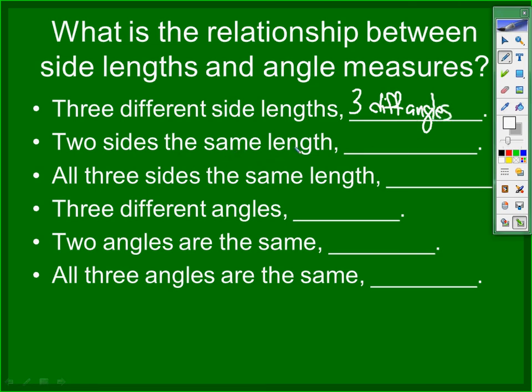If two sides have the same length, then there will be two angles that are congruent to each other. And if all three sides are the same length, all angles are congruent.